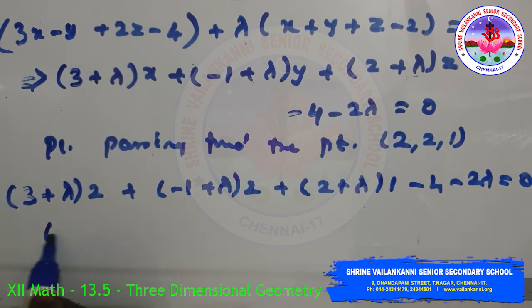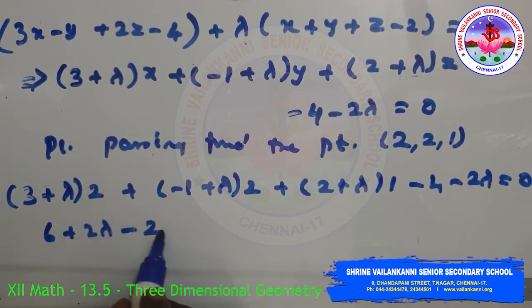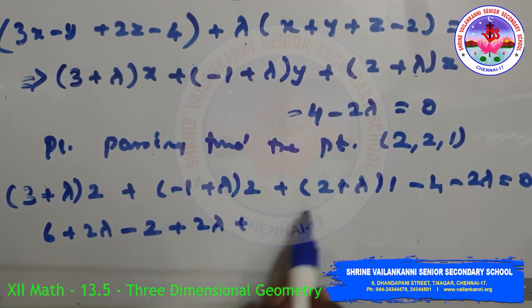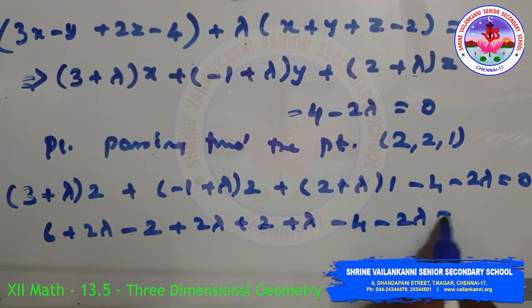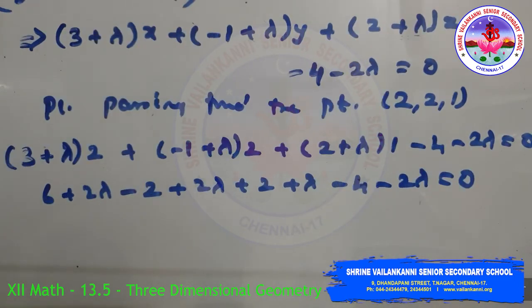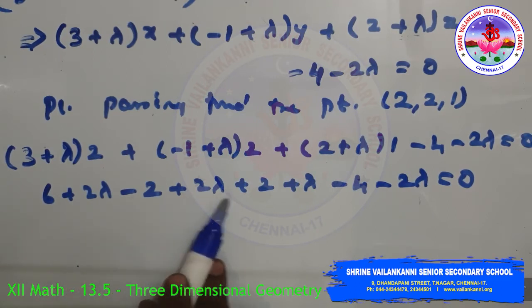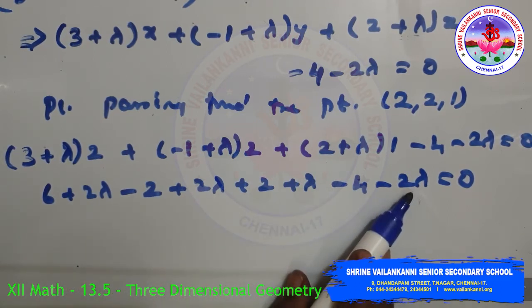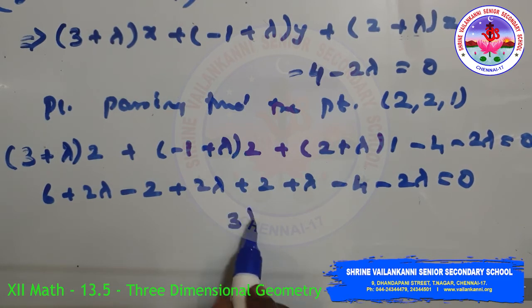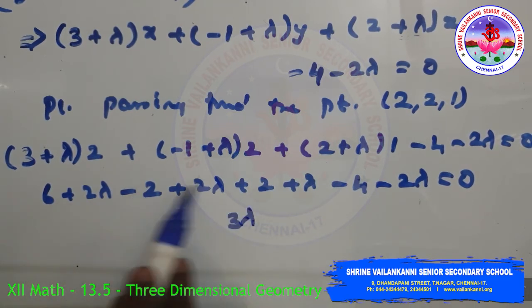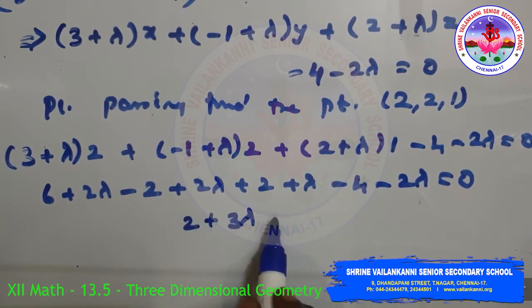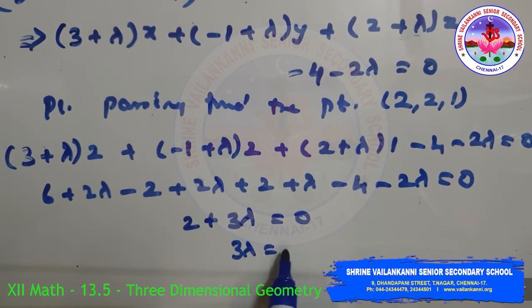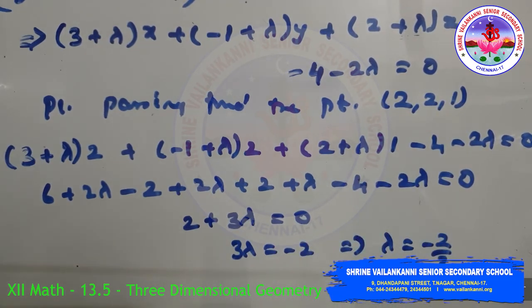So we get 6 plus 2 lambda minus 2 plus 2 lambda plus 2 plus lambda minus 4 minus 2 lambda, which is equal to 0. We have 2 lambda plus 2 lambda plus lambda is 5 lambda, minus 2 lambda, which is 3 lambda. Then 6 minus 2 is 4, 4 plus 2 is 6, 6 minus 4 is 2. So 2 plus 3 lambda is equal to 0, 3 lambda equal to minus 2. So we get lambda equal to minus 2 by 3.